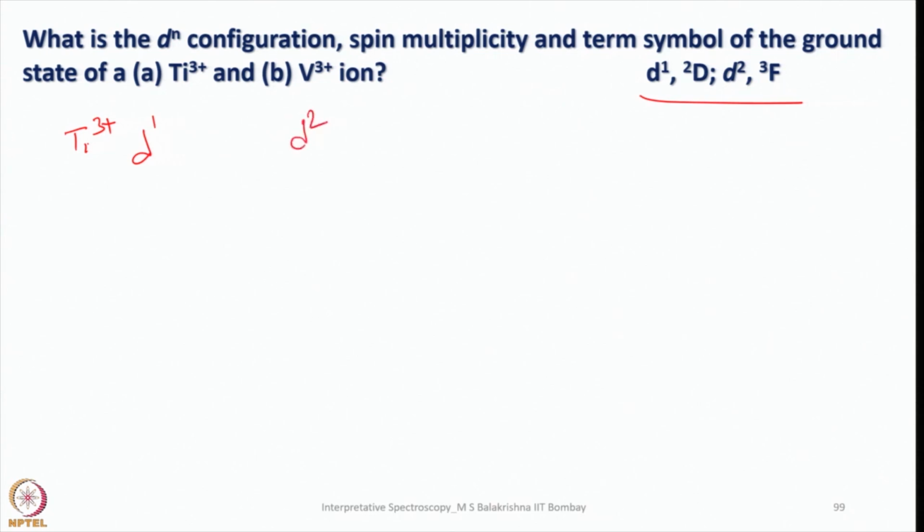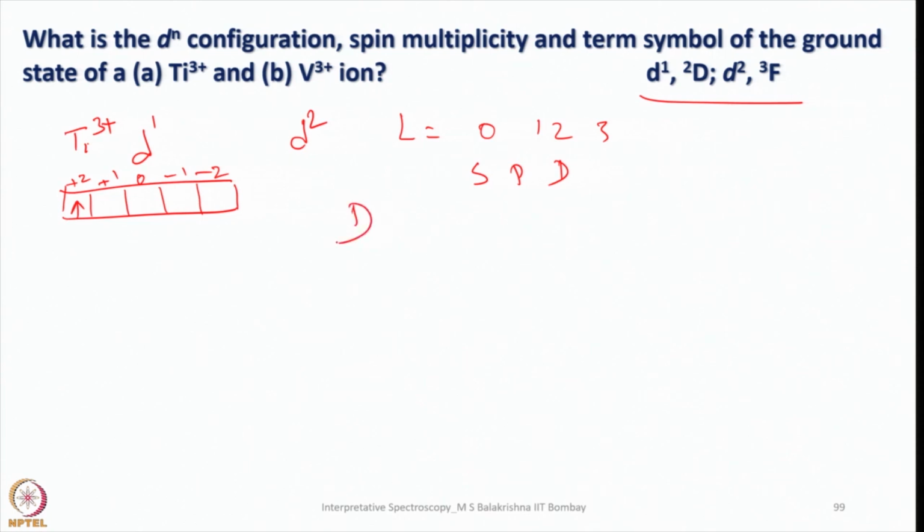For the d1 system, you put 1 electron here, so if you go for L value equals 0, 1, 2, 3, that is S, P, D, it is D here. The spin multiplicity will be, S equals half, 2S plus 1 will be 2 into half plus 1, it is 2. So 2D is shown here.